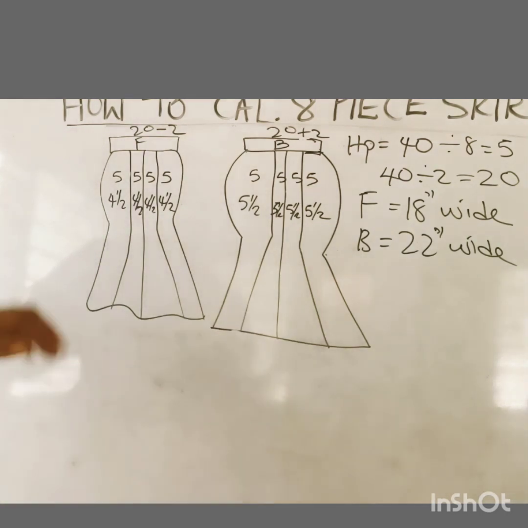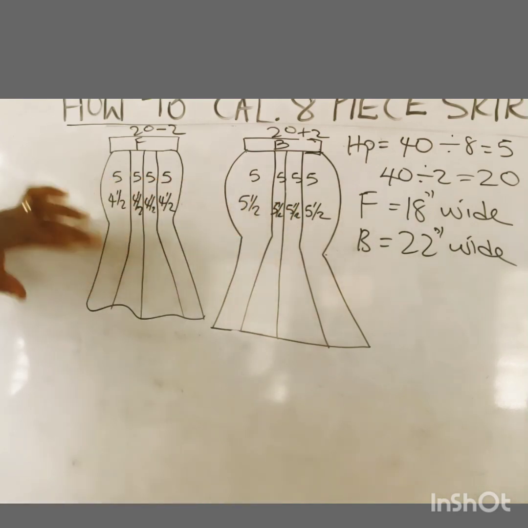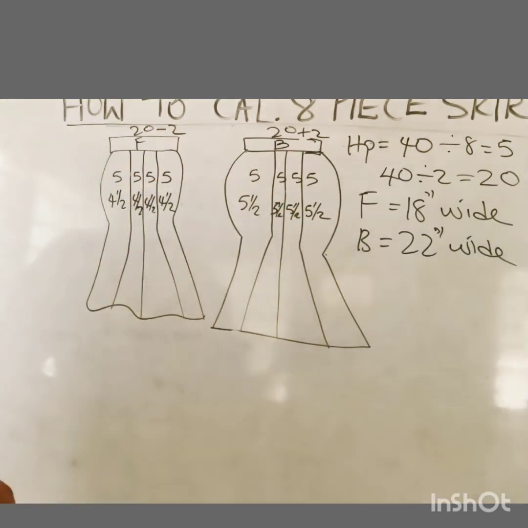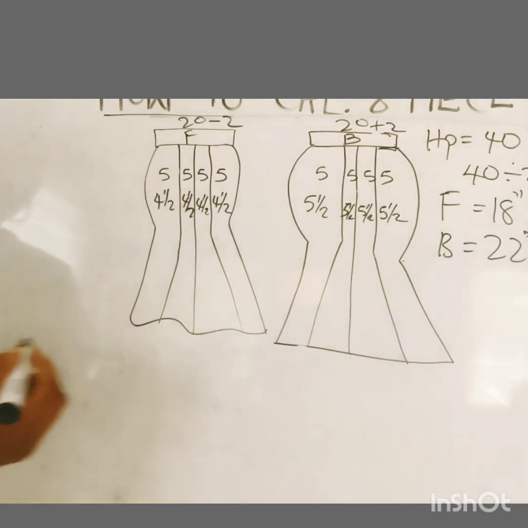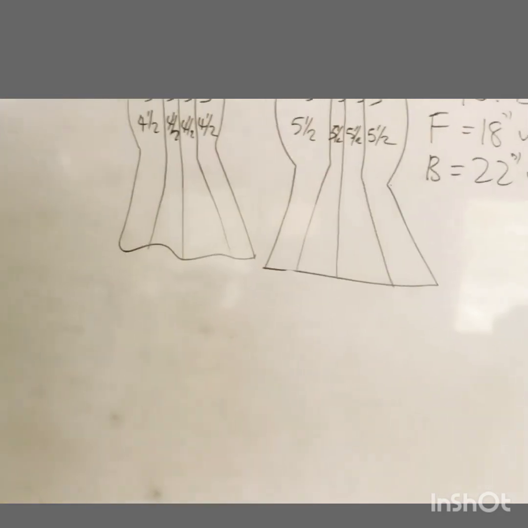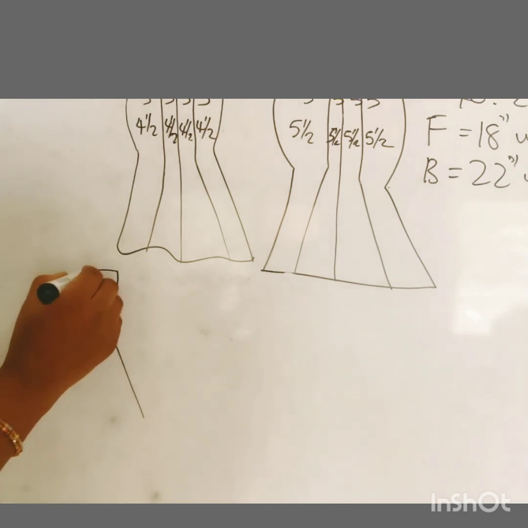Okay, so this is what you should have in mind before you now add your same allowance, the same allowance that we explained before, that one that I explained earlier on when I drew this.